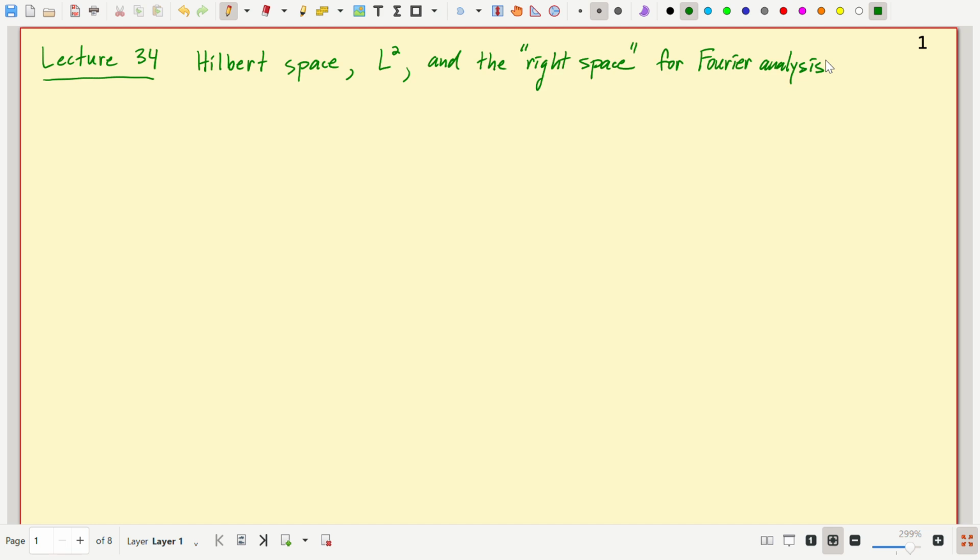So a breakthrough at this level of math class is we start thinking about functions as being points in a space.